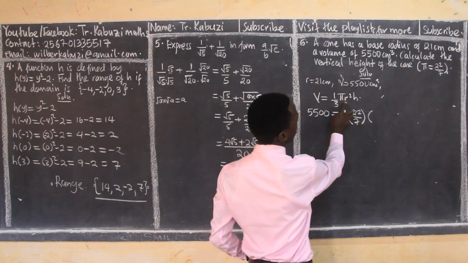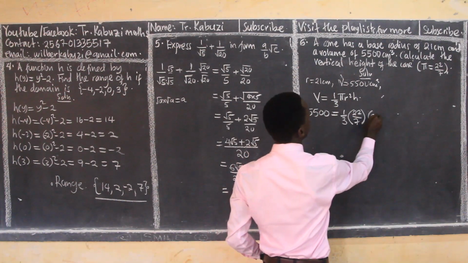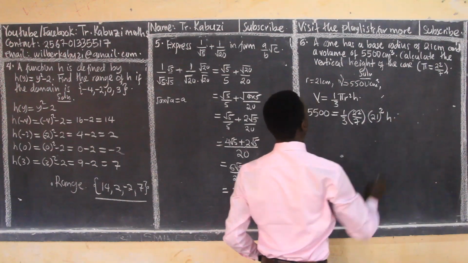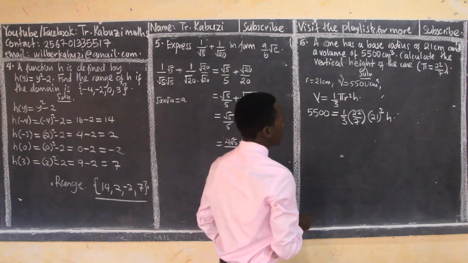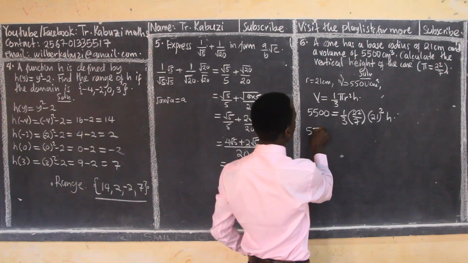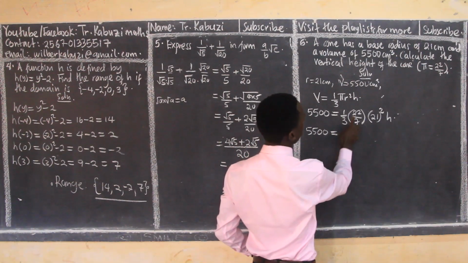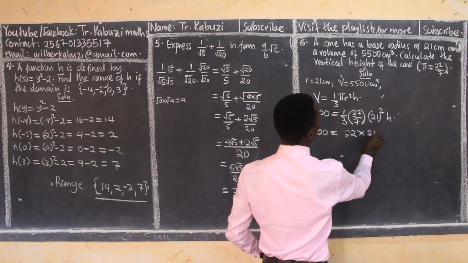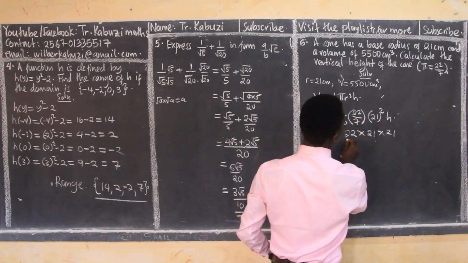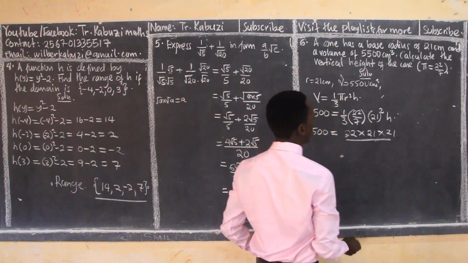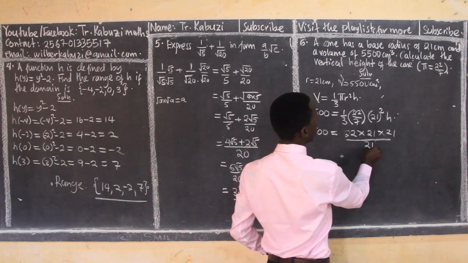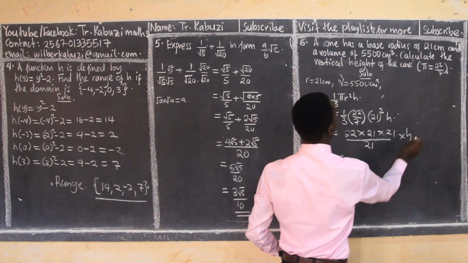We have now our radius here, then times our h. So you see, this would be 5500. This would be 22, all over 7 times 3, which is 21, times now our height.